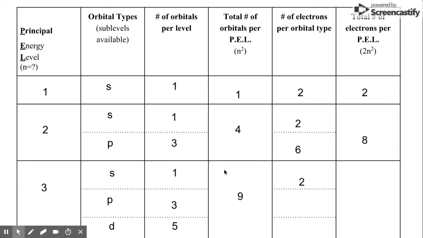There are 2 electrons in the s orbital, 6 electrons in the p orbital, and 10 electrons total in the d orbitals. Remember, 2 in each. 5 times 2 is 10. If we add that up, 10 plus 6 plus 2, we get 18. Or we could do 2n squared. N is 3, n squared is 9, times 2 is 18.